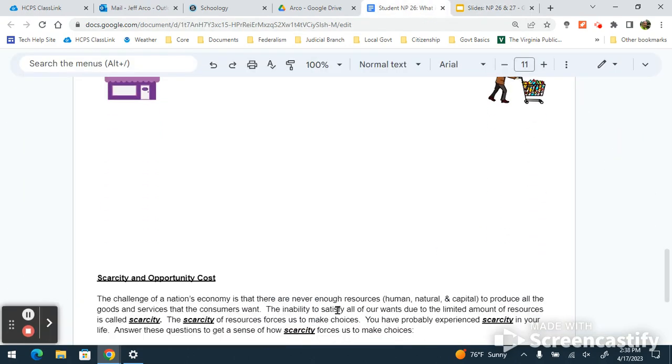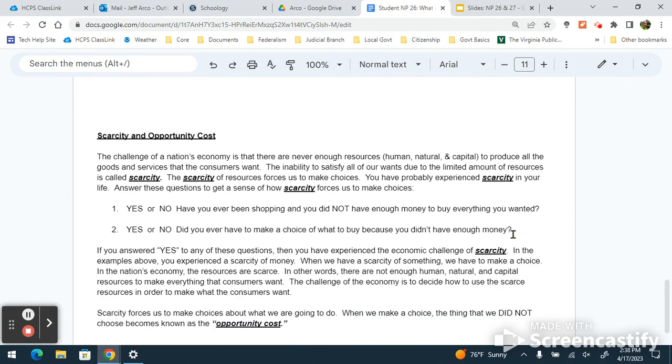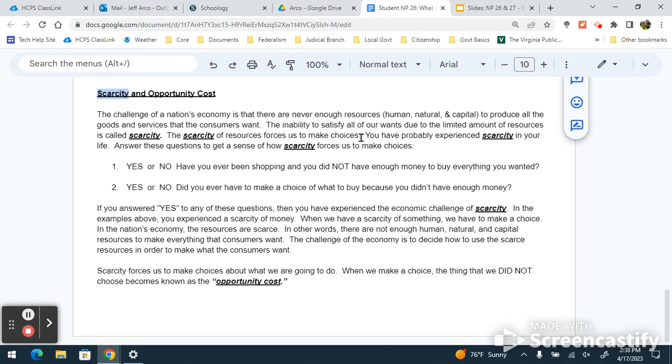One of the dilemmas in economics is that we have a scarcity of everything. Scarcity simply means that it's impossible to satisfy all of our wants because there's a limited amount of resources.